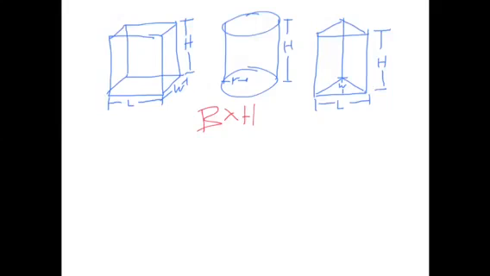More specifically, you have the rectangular prism here with a formula of length times width times height. This cylinder here has a formula of radius squared times pi, that's going to give you the base, times height. And this triangular prism here has a formula of 1/2 length times width, that's the base, times height.